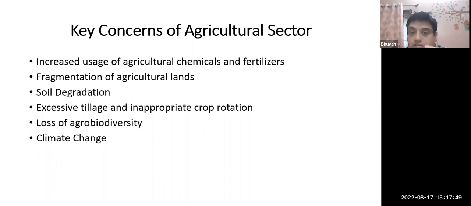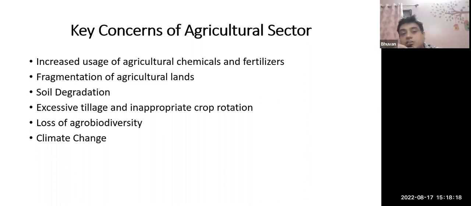This should not be the pattern which is followed, but unfortunately, this is being followed in these agrarian states at a very large scale. And excessive tillage basically threatens the soil biota. The repeated tillage of the soil hampers the soil biota, and also leads to soil erosion and soil degradation.